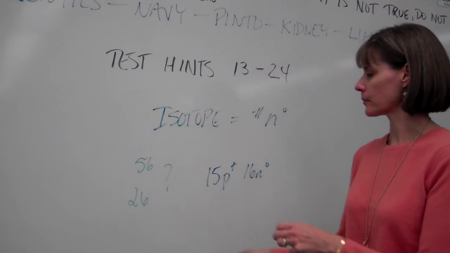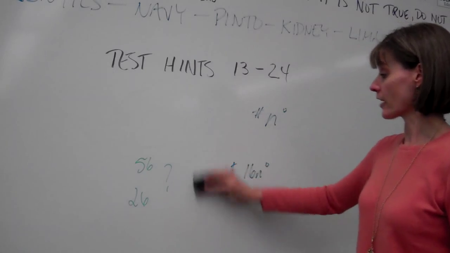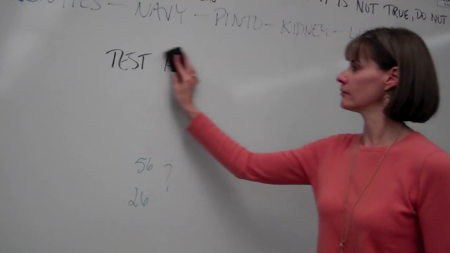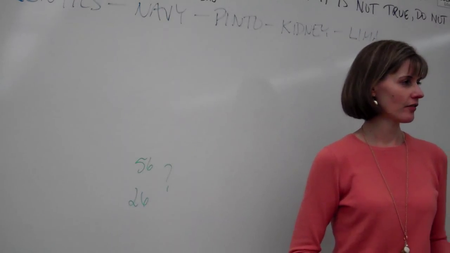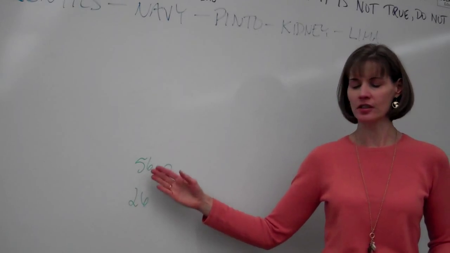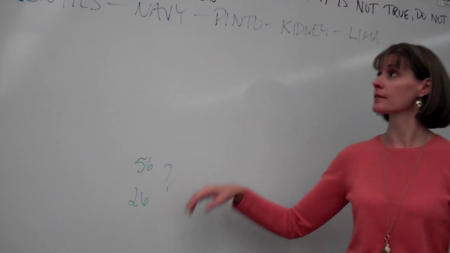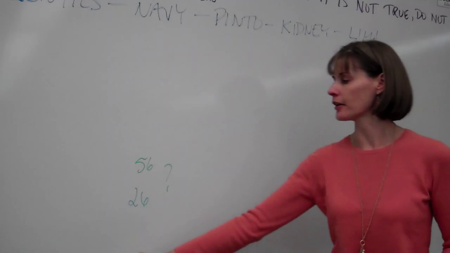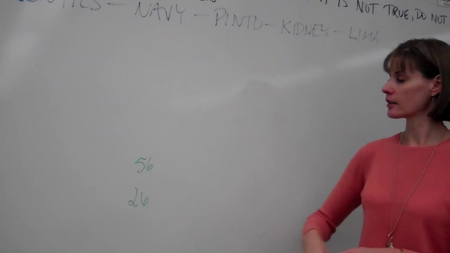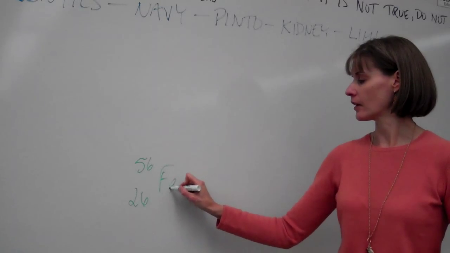Element, who knows what? Oh, it's iron? How do we know it's iron? What number are we using to tell that it's iron? The 26. That's the number of protons. So we know we're talking about iron. I don't have to have a question mark here because we know it is indeed iron.